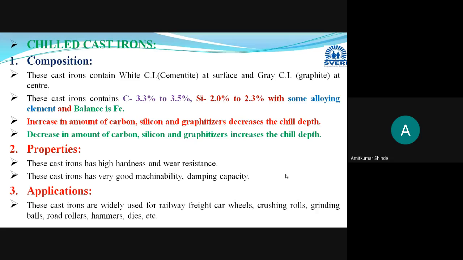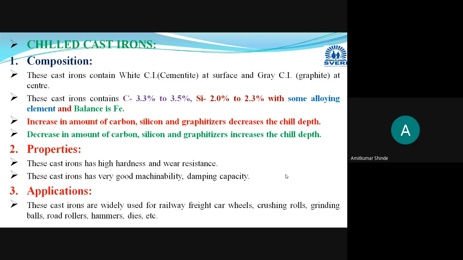White cast iron structure will be on the surface of that component, and at the center, gray cast iron structure will be there. That's why the surface of that component will provide you high hardness and high wear resistance. Due to the presence of graphite at the center, that material will provide you very good damping capacity, very good machinability, and very good ductility or toughness at the center.